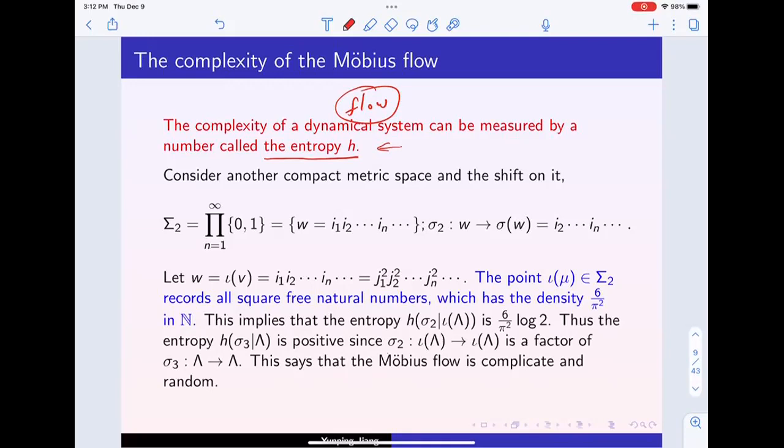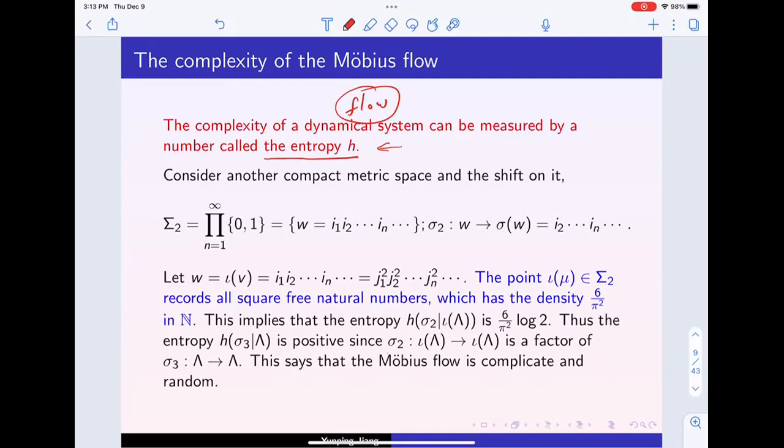I just want to say this entropy is a very important quantity in dynamical systems, which measures how complicated a dynamical system can be, right? So now you can say that if you want to see whether this Mobius flow is simple or complicated, you can just measure this entropy, right?